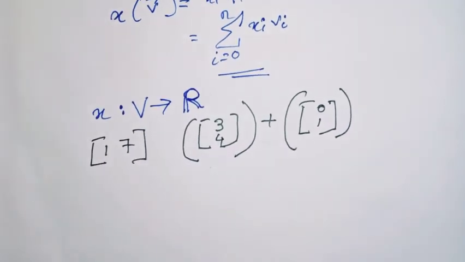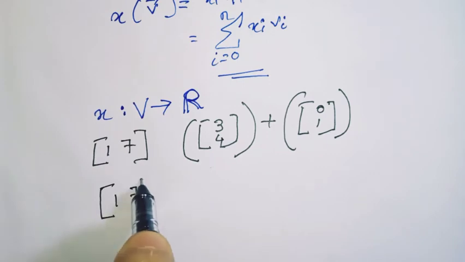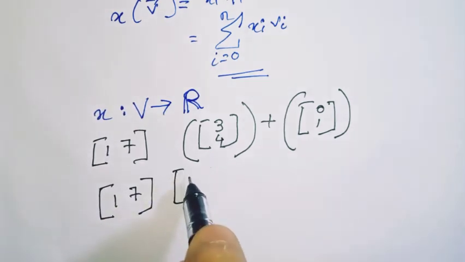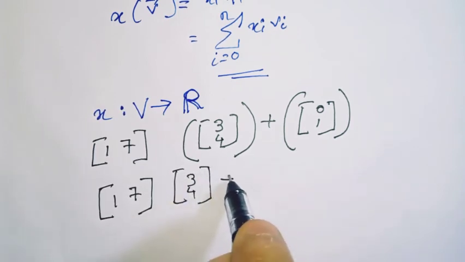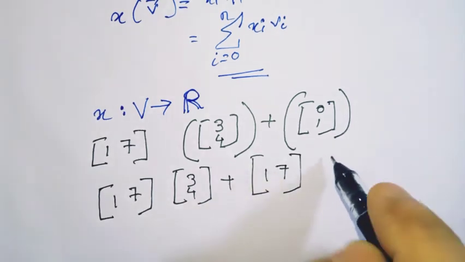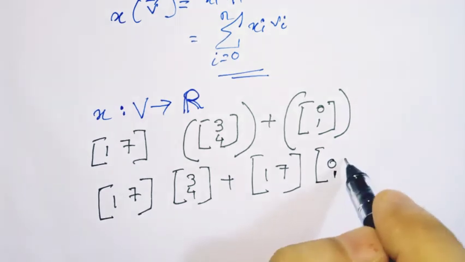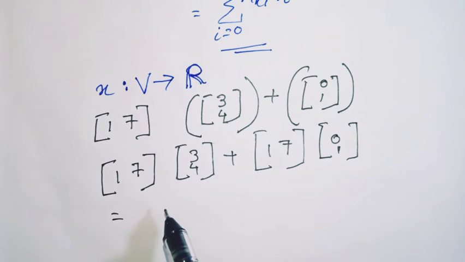So we get the row vector 1 and 7, and we distribute it to, say, 3 and 4, plus again I take the row vector 1 7 and distribute it to 0 and 1. I will quickly calculate it for you.